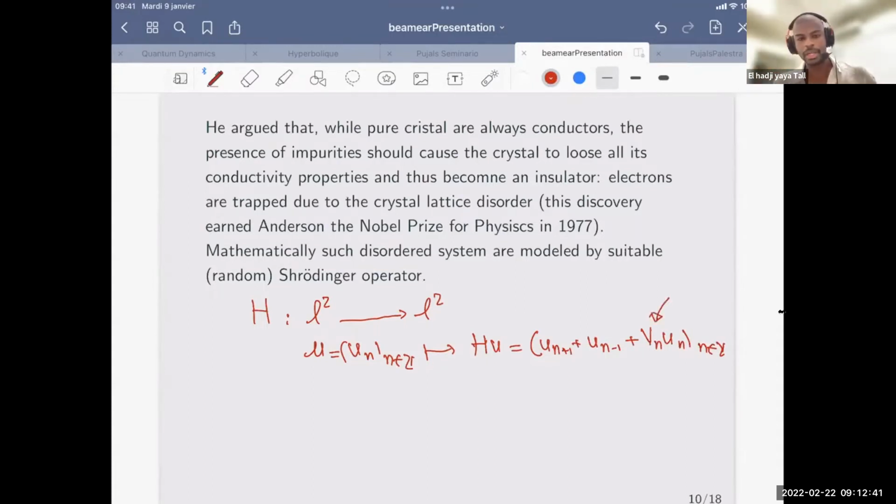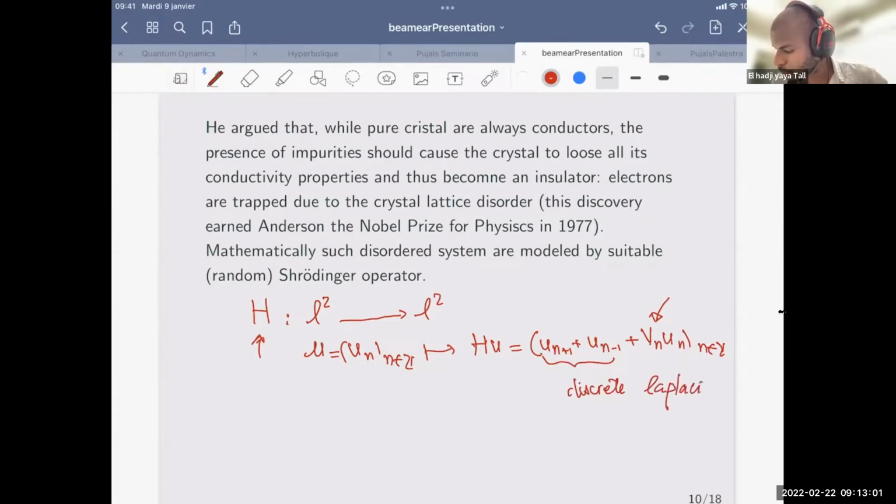So you give me a sequence, and I build the Schrödinger operator associated to v_n. The first terms represent the discrete Laplacian operator.